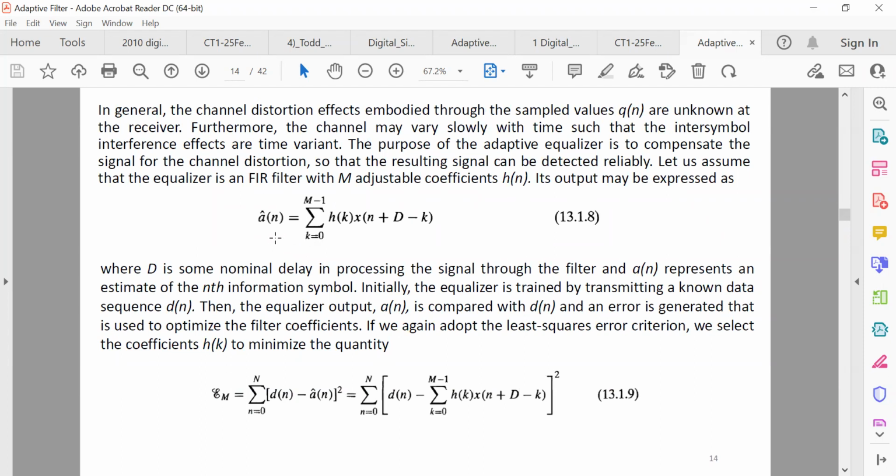Okay, a_n equal to this, the sum of h_k x_(n+D-k). D is the channel nominal delay. There will be some delay, so the channel nominal delay is also calculated, and also we have to find out the minimum possible error.